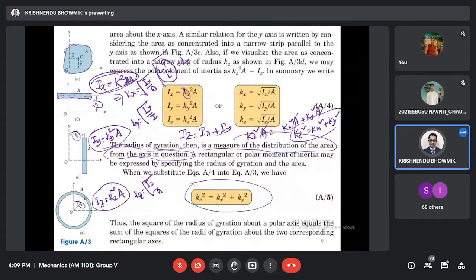You can have a relationship with the rectangular coordinate. So what we learn from the beginning: Ix, Iy, Iz, then kx, ky, kz, Iz equal to Ix plus Iy, and here kz square equal to kx square plus ky square. kx equal to square root Ix by A, ky is square root Iy by A, kz is square root Iz by A.